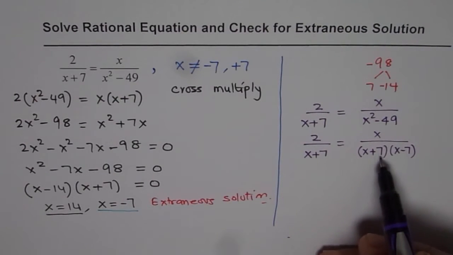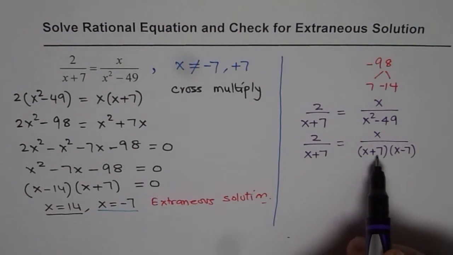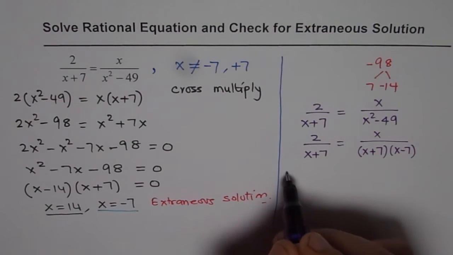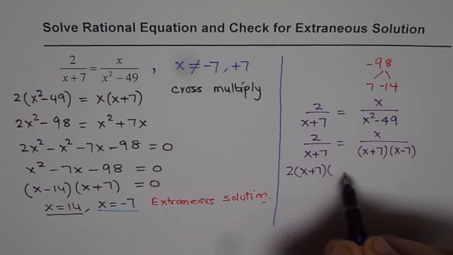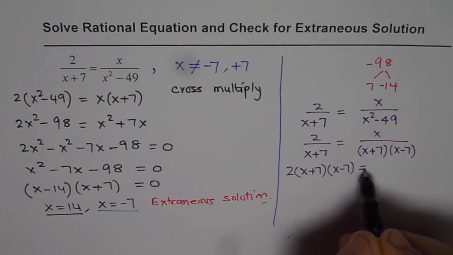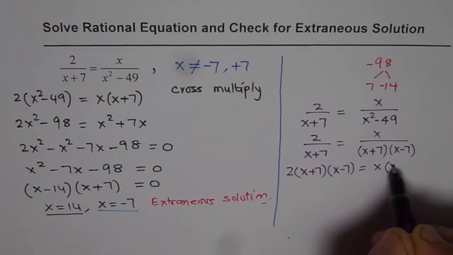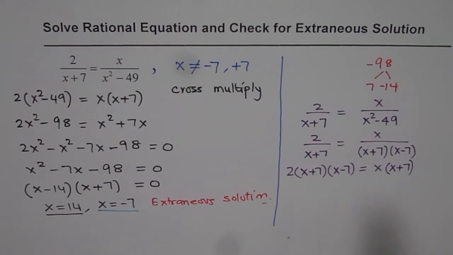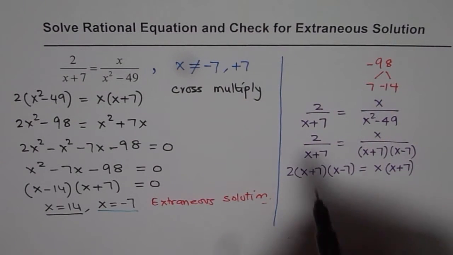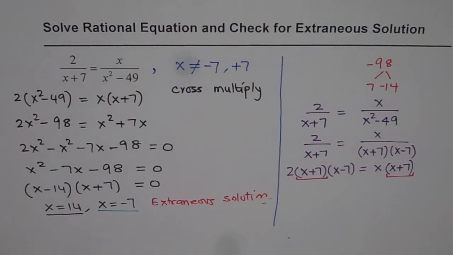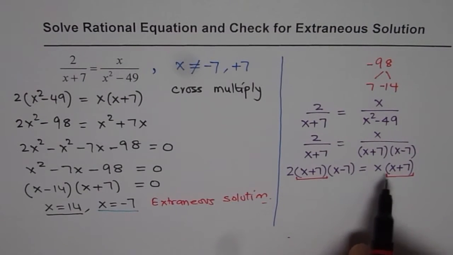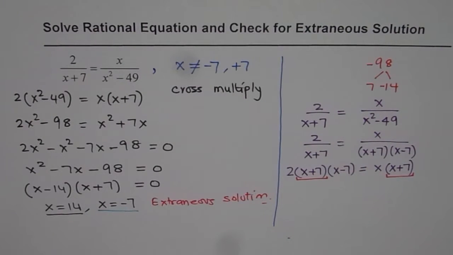When we cross multiply, we actually cross multiplied by a common factor, which was x plus 7. So really speaking, we wrote 2 times x plus 7 times x minus 7 equals x times x plus 7. On both sides, we multiplied by a common factor. This results in an extraneous solution.